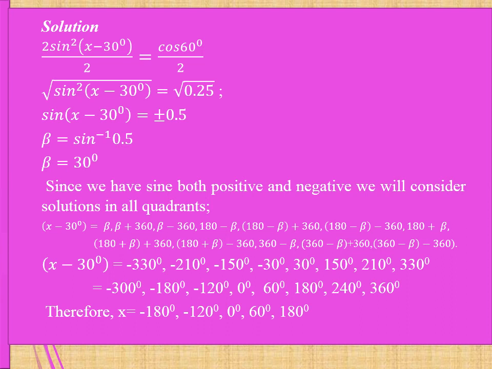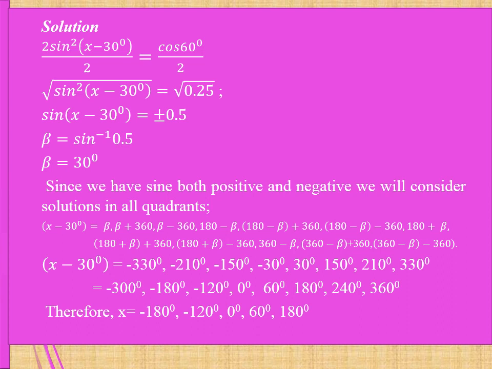Then when we replace beta with 30, we are going to get x minus 30 is negative 330, negative 210, negative 150, negative 30, 30, 150, 210, 330. So we are going to get our solution as x is equal to, that is when we move negative 30 to the other side.